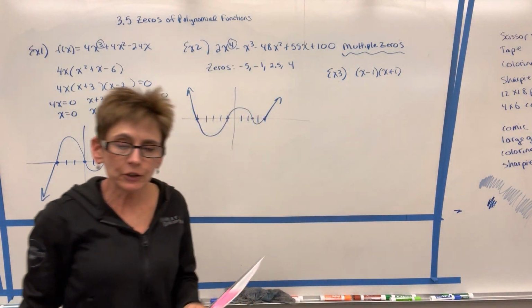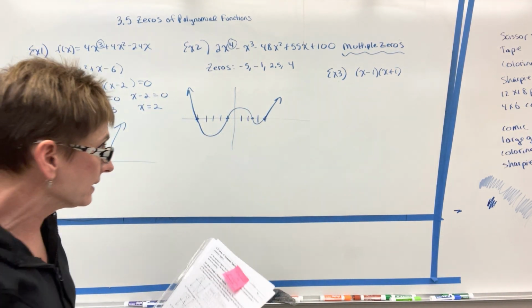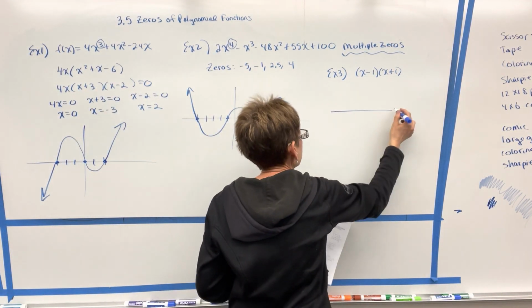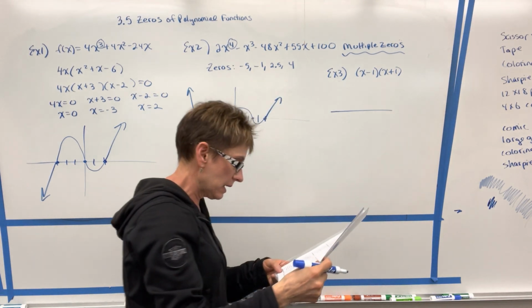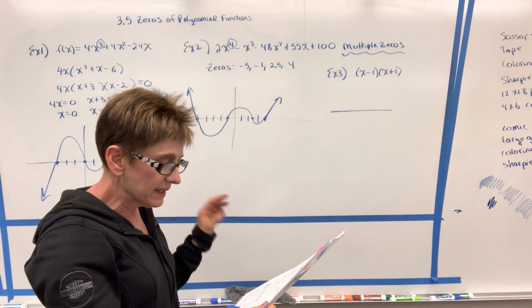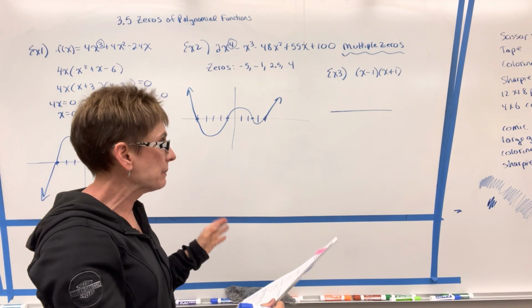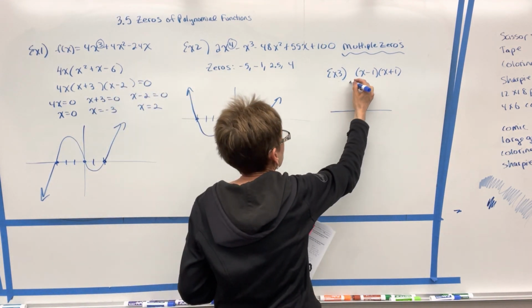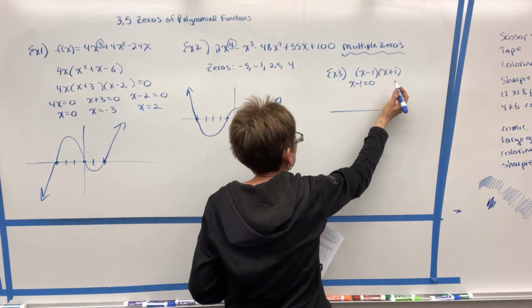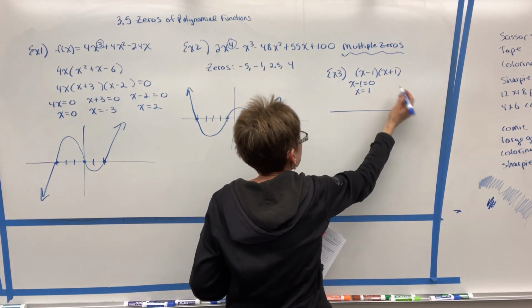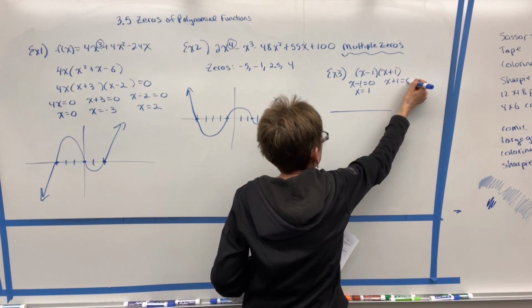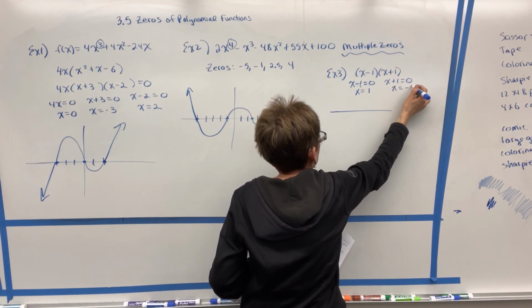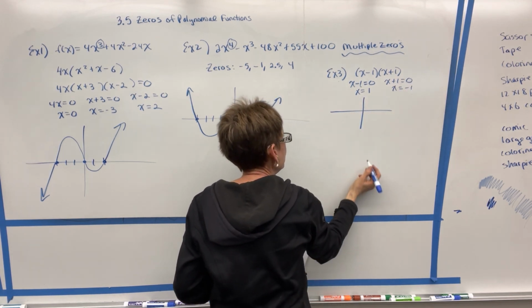Each of these factors only appears once, and because that is an odd number, it means that the function is actually going to cross the graph at those numbers. If I set x minus 1 equal to 0, I would get a zero at 1, and if I set x plus 1 equal to 0, I would get a zero at -1.